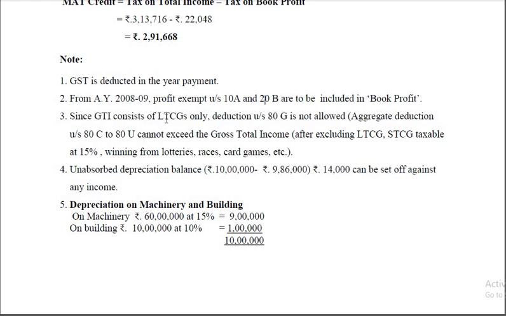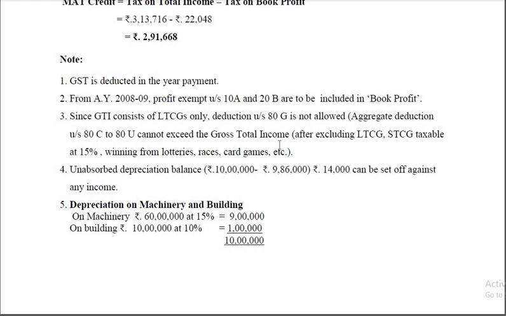Since gross total income consists of long-term capital gains only, deduction under 80G is not allowed. I already told you no deduction is available under section 80 for long-term capital gain, short-term capital gains, and casual incomes like lottery incomes, income from crossword puzzles, and winnings from horse races, etc.